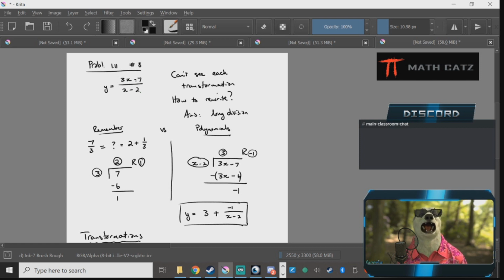If there's only a number in the numerator, well then no problem. The transformations are easier to see. There's a little bit more of a variety in these. It's a different kind of function. I might have to handle it differently. But the key transformations are still there. It's just a matter of seeing them.